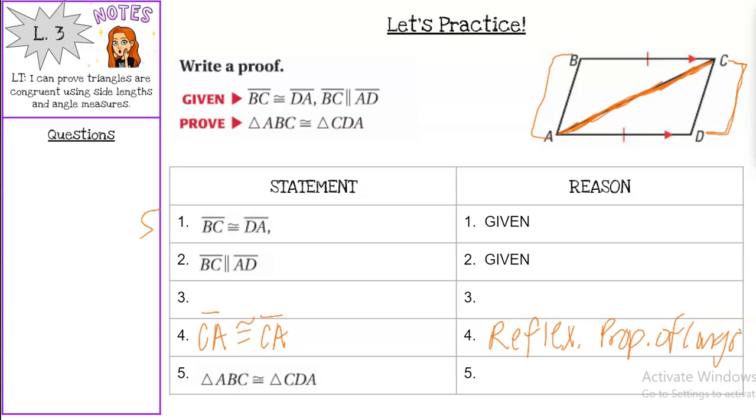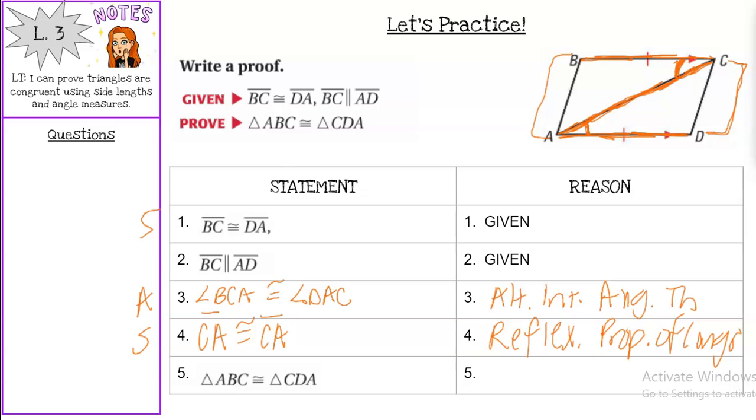Now we know side and side, we can get that included angle by figuring out which angle is included in our two sides, and that would be this angle right here and this angle right here. So angle BCA is congruent to angle DAC by the alternate interior angles theorem.